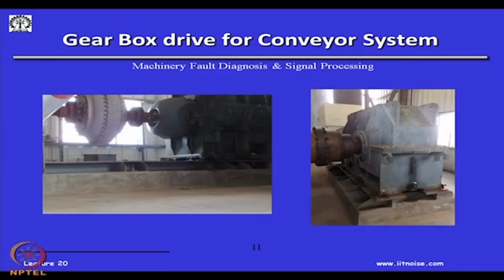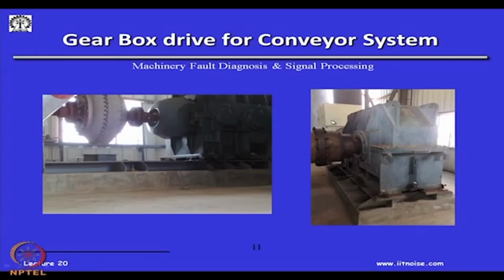And this is the typical arrangement wherein you will see this is the coupling here and this is the gearbox, okay. And actually this gearbox was used to convey raw materials on a conveyor system. If you will see here, this is the motor here and this is the gearbox.